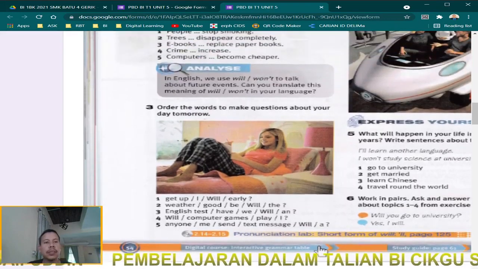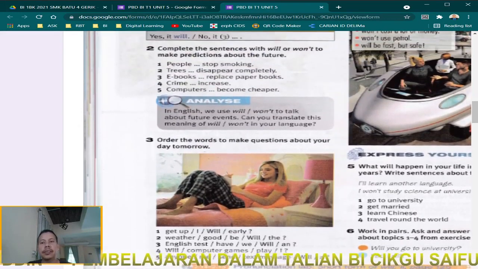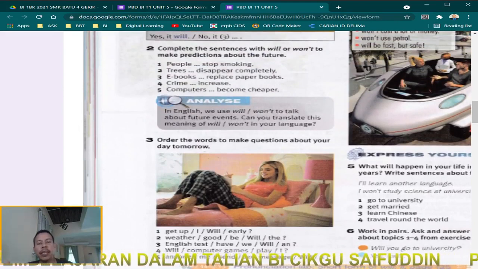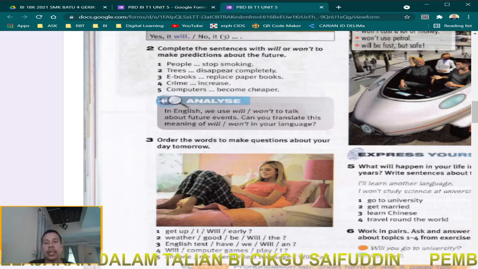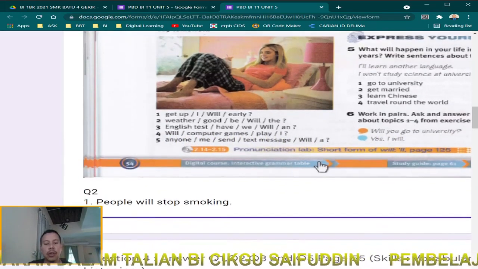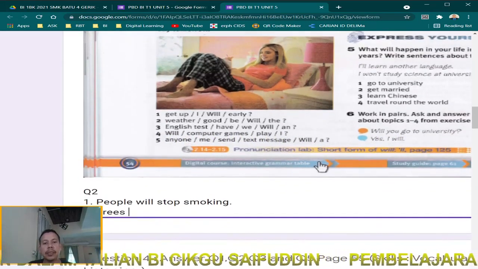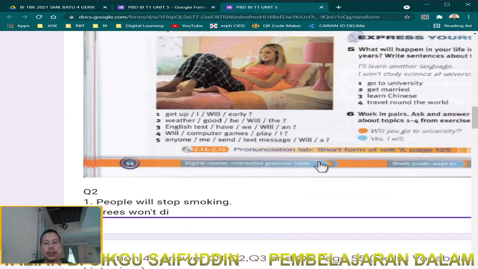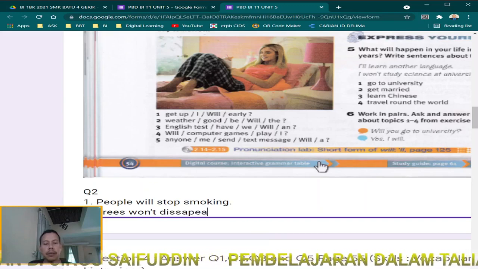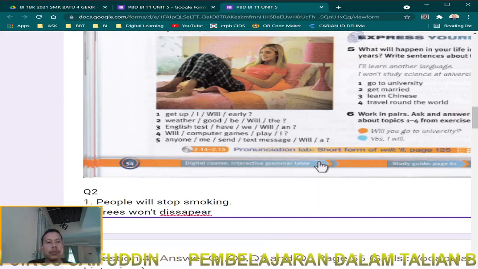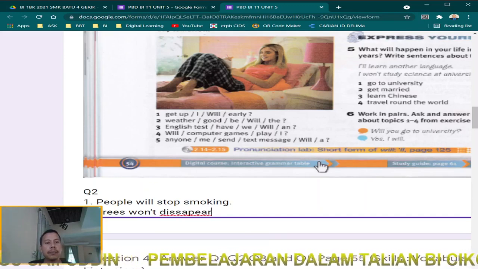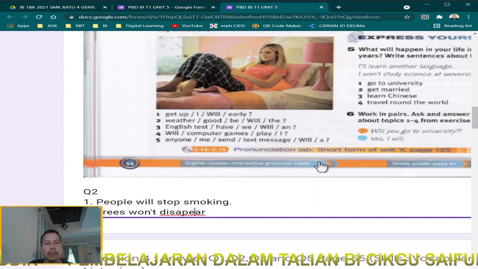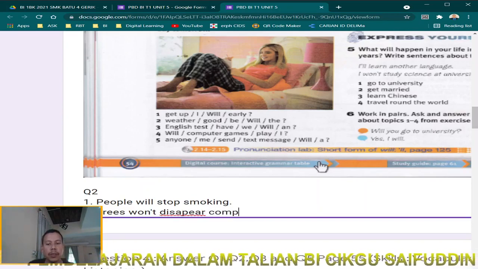Number 2 is trees disappear completely. In the future, what do you think about the trees? Do you have any trees in the future? Adakah kita akan ada pokok pada masa hadapan? So, in my opinion, trees won't disappear completely.